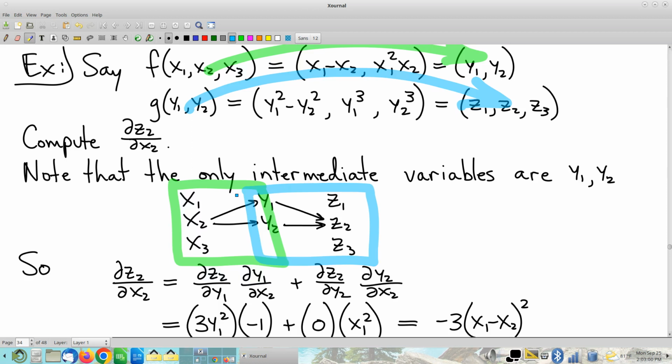There's that second function in the composition. The question then is to compute the partial of z2 with respect to x2. And as you see from where those variables are in this little diagram, that's a partial derivative of the composition. Everybody on board so far? Setup?